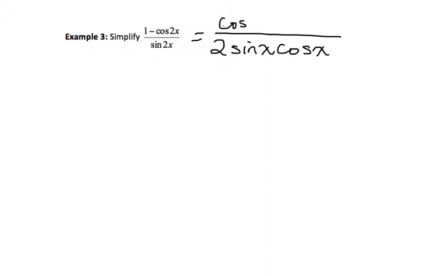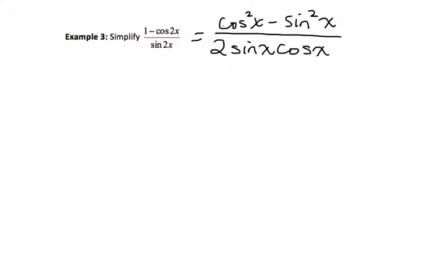Okay, 1 minus cos 2x over sine 2x. In this case, I'm going to use, well, actually, I don't know which one I'm going to use because I know that sine 2x is 2 sine x cos x. So up top, I'll just start with my other way, cos squared x minus sine squared x. And if I'm going to simplify it, then I'm going to want things to cancel.